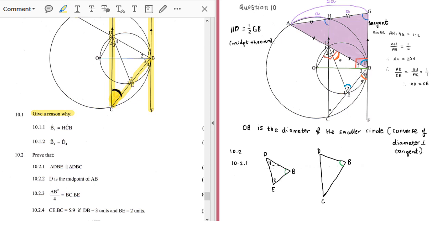So if we take this to these individual triangles, we basically just prove that angle D4 is equal to angle C. So the condition of similarity has been met. In two different triangles, we have two equal angles. So we just need to write this down.